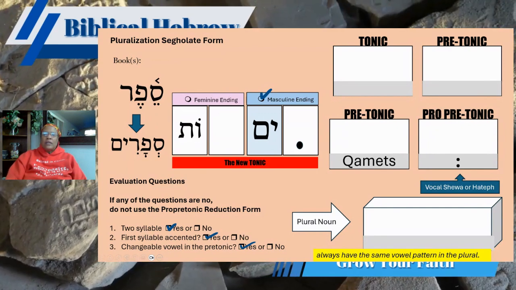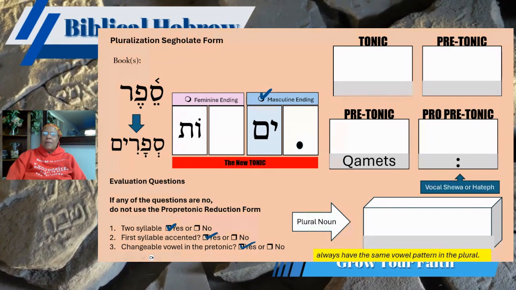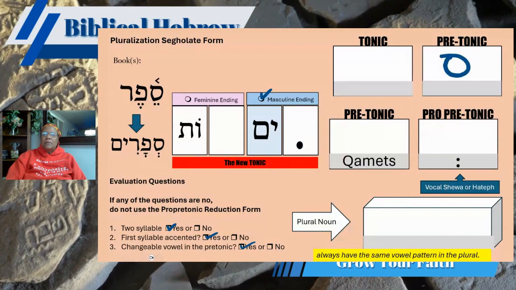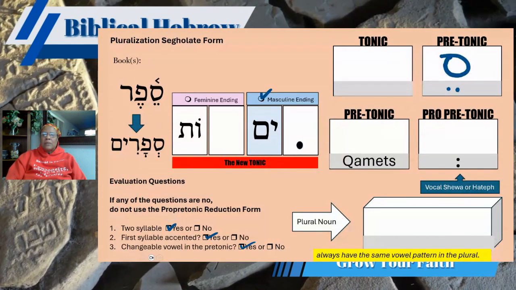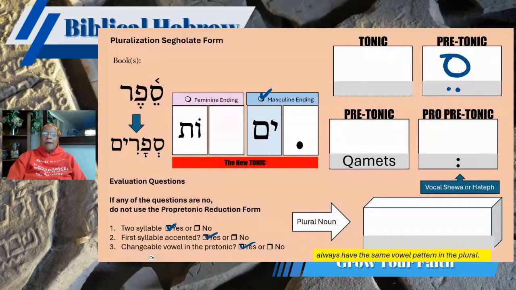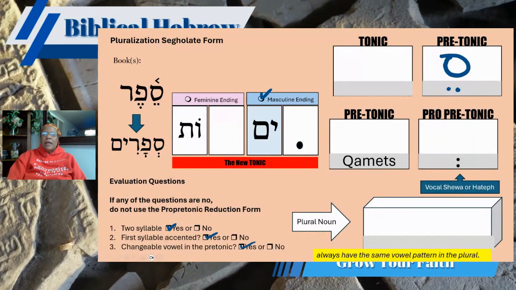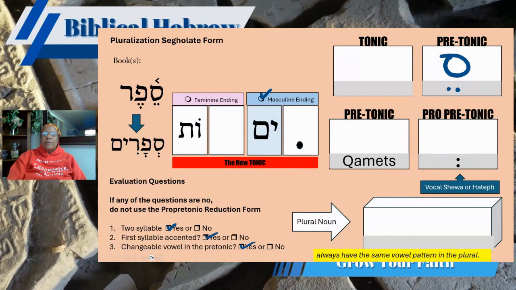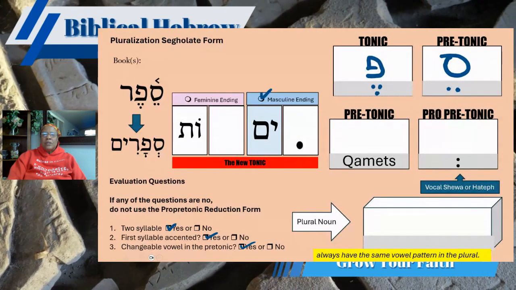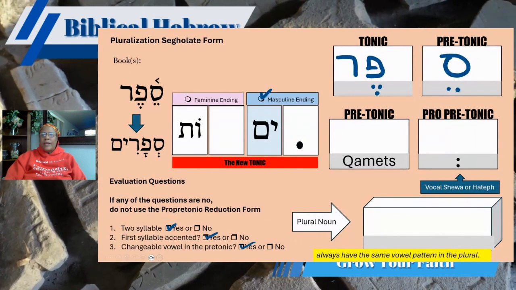So let's go ahead and look at the pre-tonic, and we're gonna write the samek. Okay, it's one of the sibilant consonants. The sibilant is the S sound. The tonic has the fe because it doesn't have a dagesh, so we're not pronouncing it as pay, but fe.